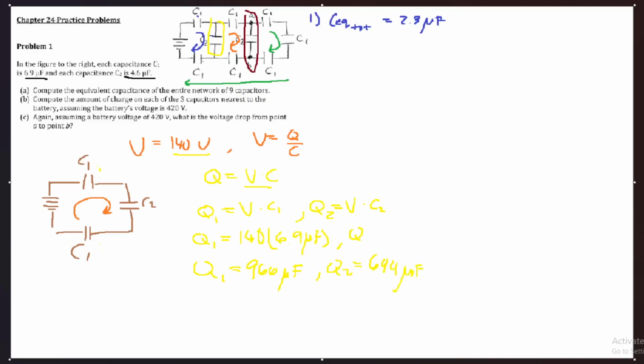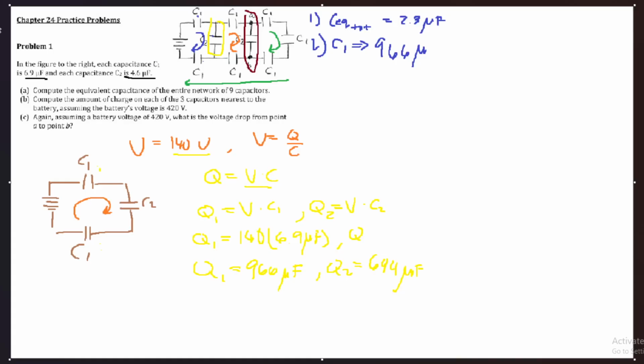So we're going to go ahead and just say C1 gives us 966, sorry, not even microfarads.